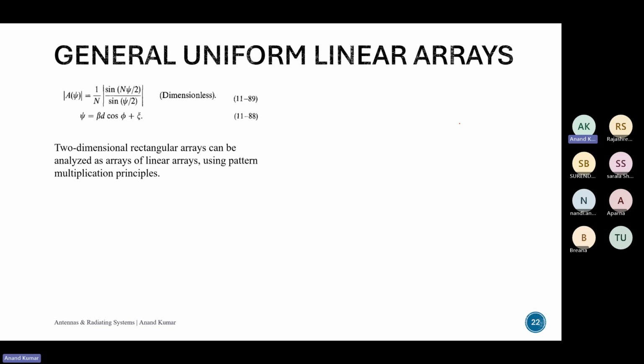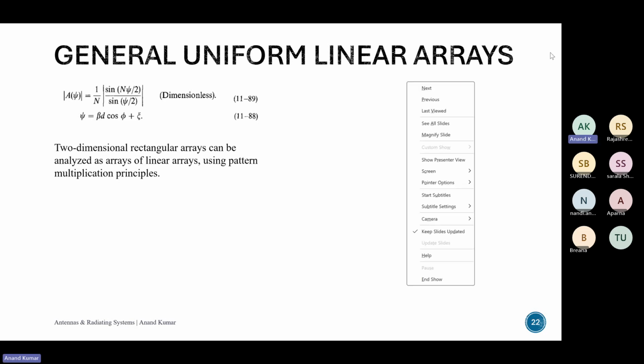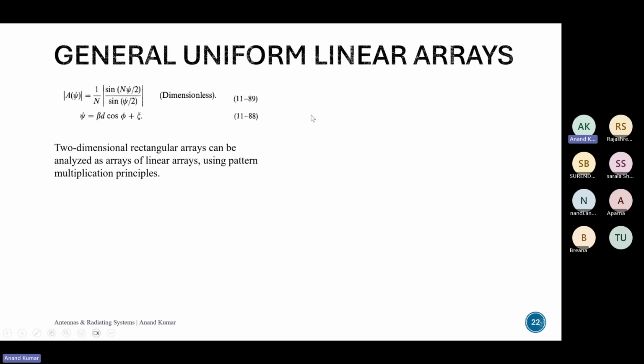Now, in the previous slide, we were looking at one-dimensional problems, and we can also have two-dimensional rectangular arrays, which are basically arrays of linear arrays. Let me just get back to a pen.